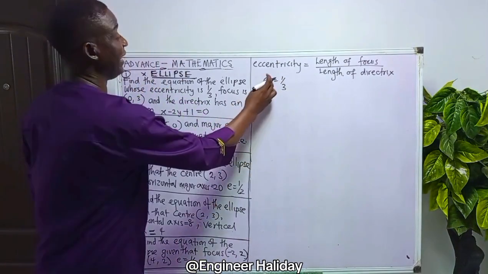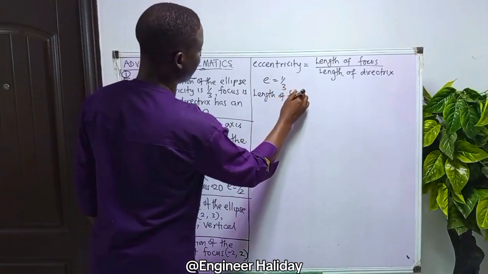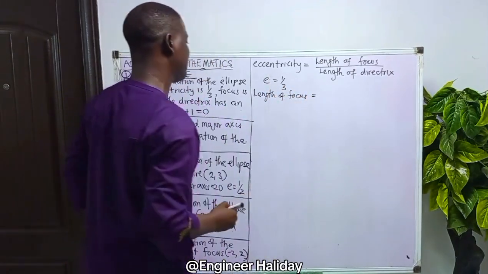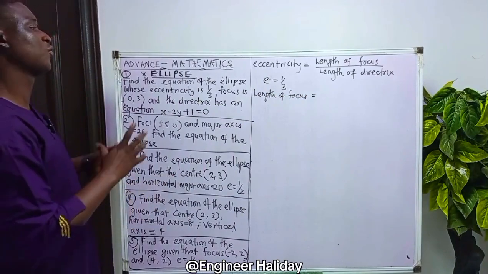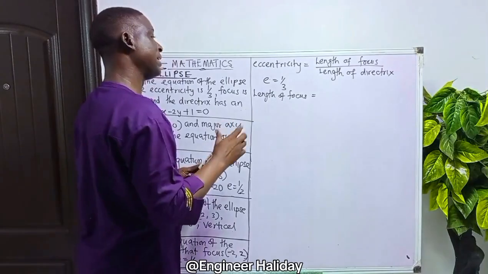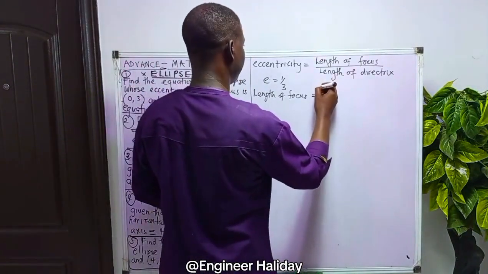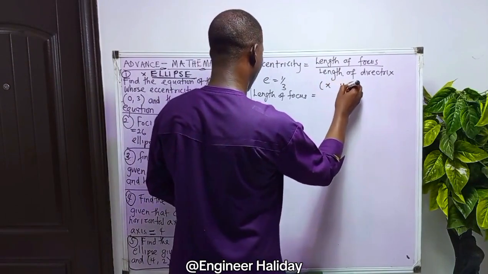Now let's find the length of focus, or fixed point as the case may be. For us to find the length of focus, they give us the focus coordinate. First, let's take an arbitrary point (x, y).